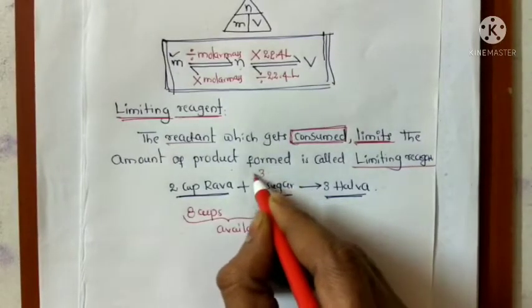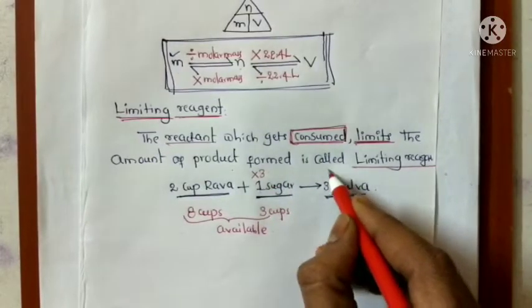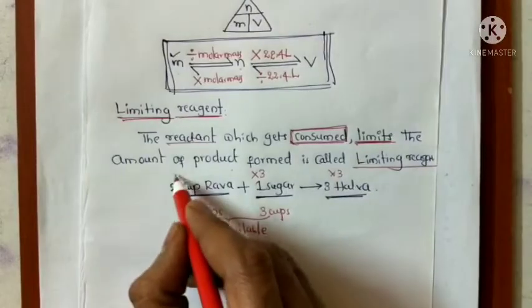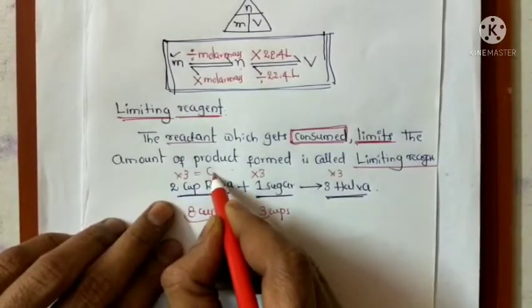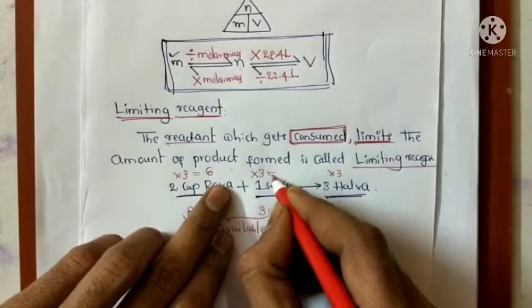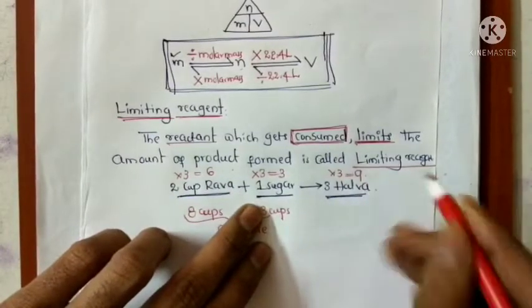If we multiply everything by 3, that is 6 cups of rava and 3 cups of sugar mixing to form 9 cups of halwa.